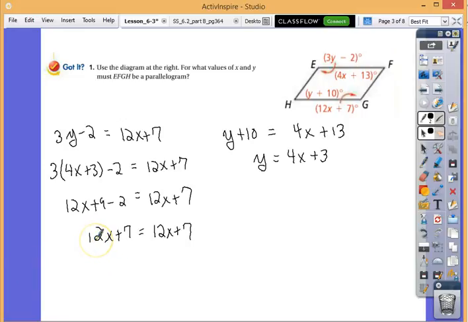I can't narrow this answer down to one solution because if I subtract 12x from both sides, I'm left with no variable and 7 equals 7, which is a true statement. So basically it means that the pair of lines I would be using are parallel lines. It's not going to help me solve anything because whatever works for x and y will work, and there's an infinite amount.